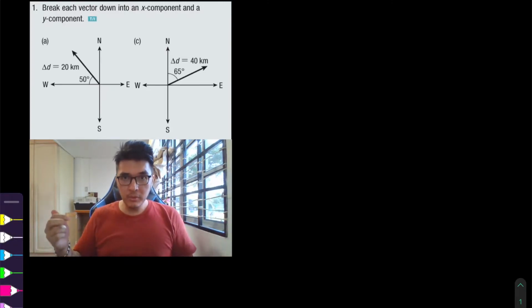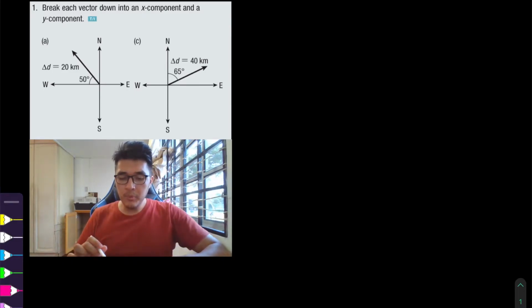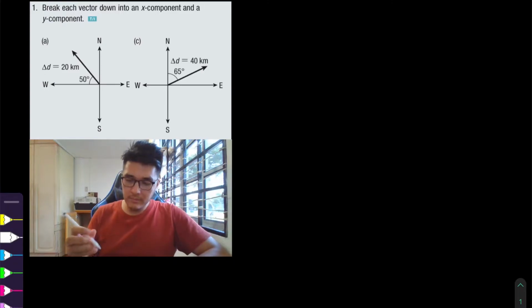So let's get started with question number 1. Question number 1 asks us, break each vector down into an x component and a y component. For the first one, I'm just going to redraw it quickly.